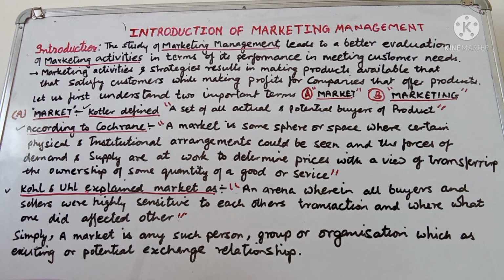Now, physical structure is what Kotler has also defined. He has not mentioned it, but he defined the market in terms of the number of buyers, whether present or potential. Again, this is an extension of what I have tried to explain in the earlier definition, that when we talk about market, it has a different meaning. Now Cochrane has taken both aspects.